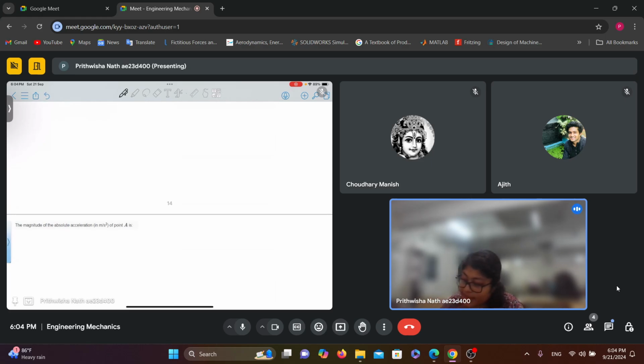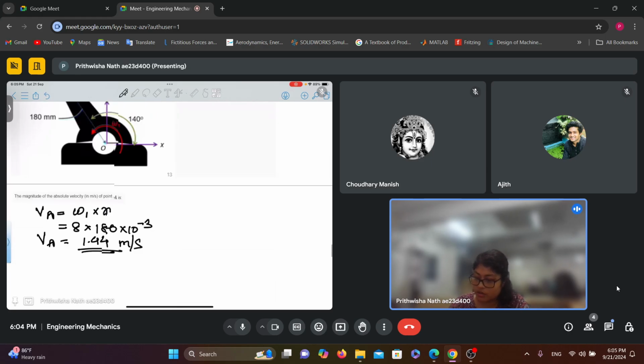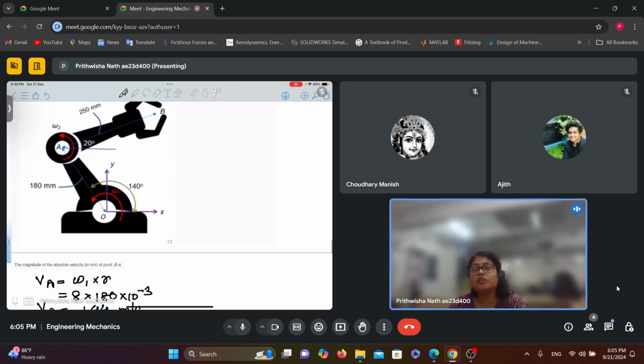The magnitude of the absolute acceleration of point A. You can look at this figure. Now you need to find the absolute acceleration.